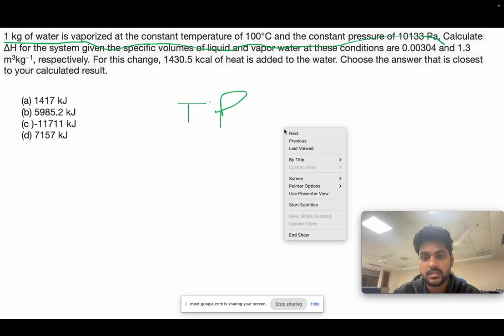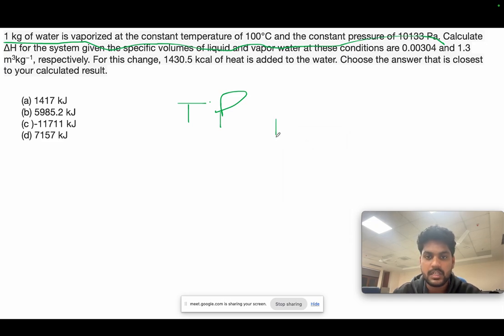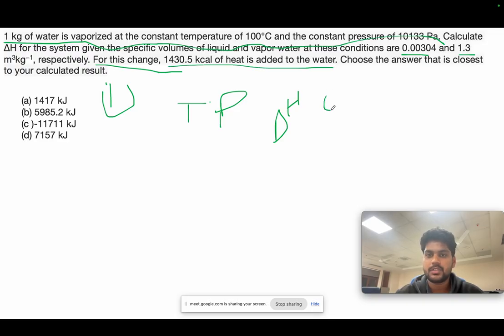Calculate the delta H for the system, given the specific volume of the liquid and the volume of the vapor. So basically it is an open system, and they say that heat is added to the system, so that heat is given.